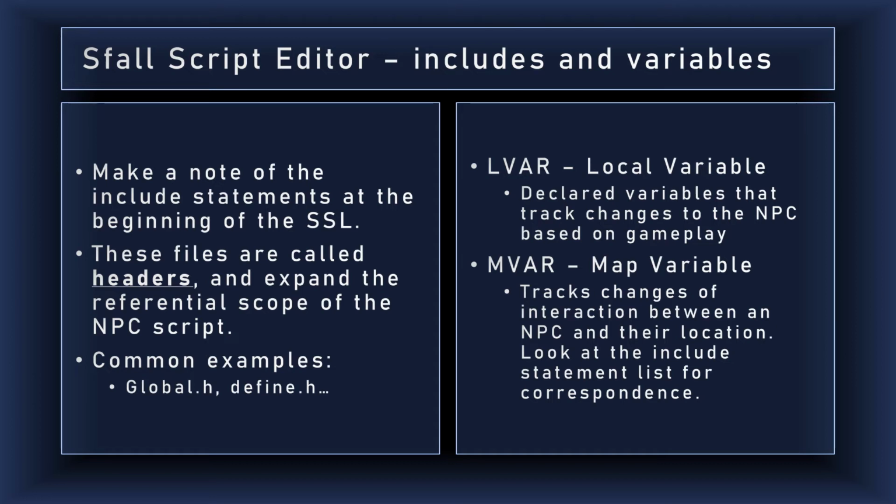Map variables are a little bit different. This is going to track changes of interactions between NPCs and their location. So to find correspondence, for instance, somebody like Joey in the den, or Vic, or Mom, or Metzger in the den, they would all have their own map variables related to the den.